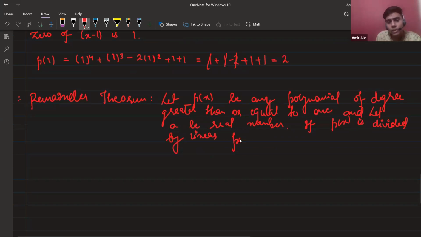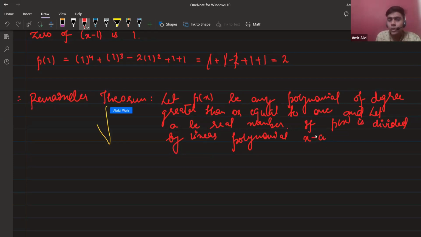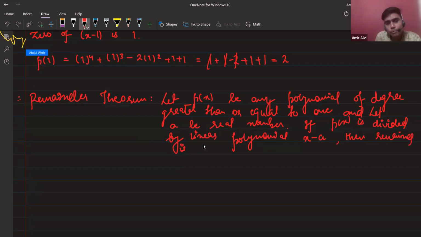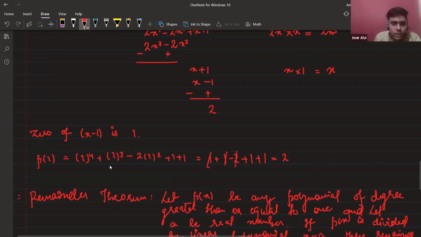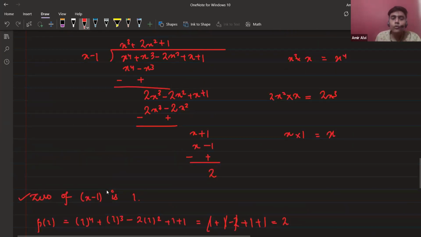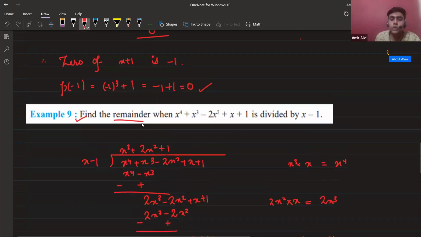Linear polynomial x minus a, where a is a real number. Then the remainder is p of a. So this verification process is used to find the remainder of the question.